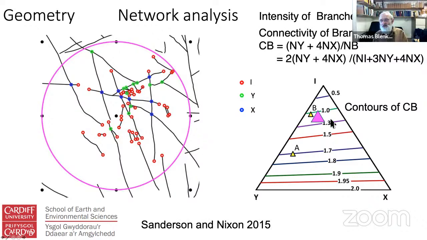And you can see the contour values increasing towards a maximum of 2 along the Y-X boundary at the bottom for a fully connected network. This particular example plots here in the purple triangle between a connectivity value of about 1 and 1.3. So it's relatively unconnected. And that may or may not be a good thing from an exploration point of view. That's what we're going to explore in the next few slides.